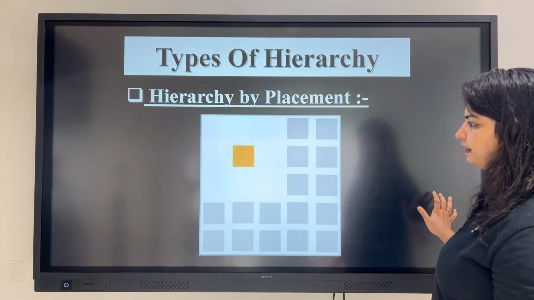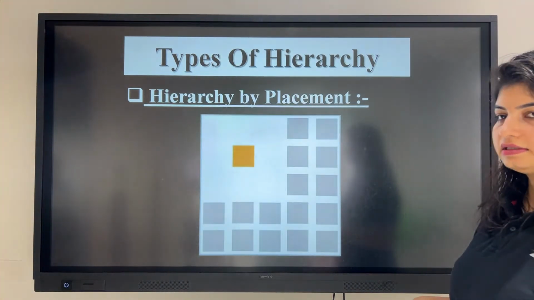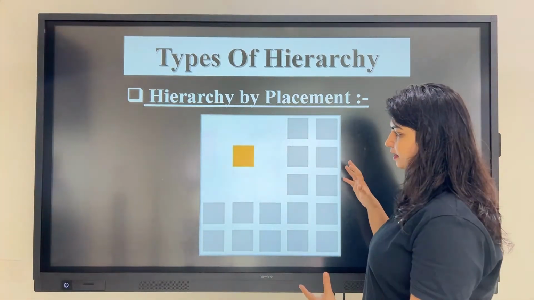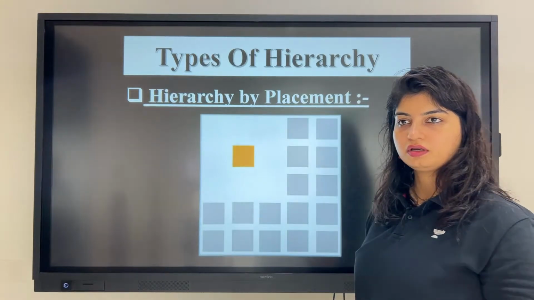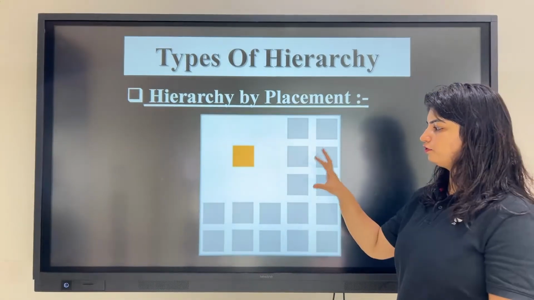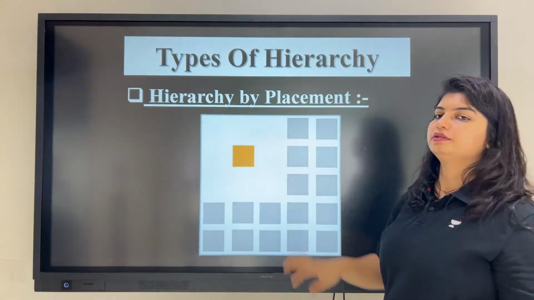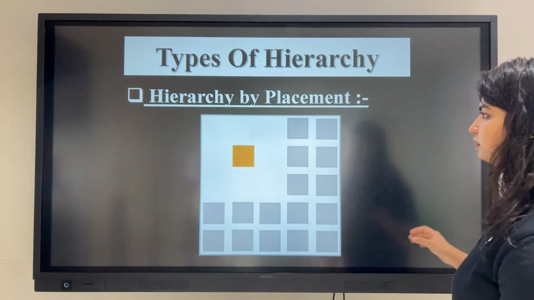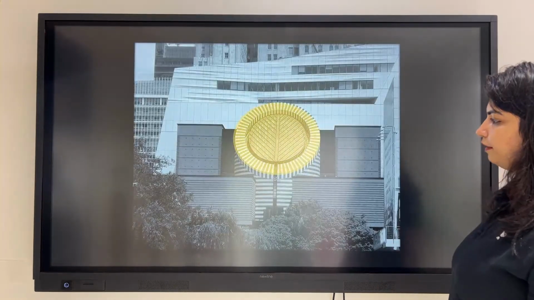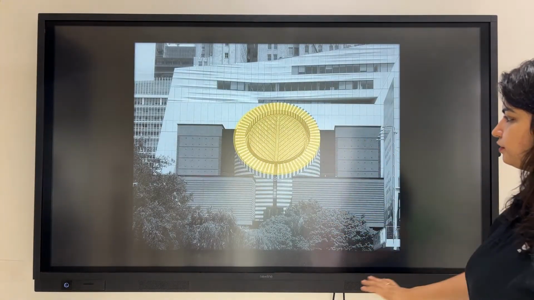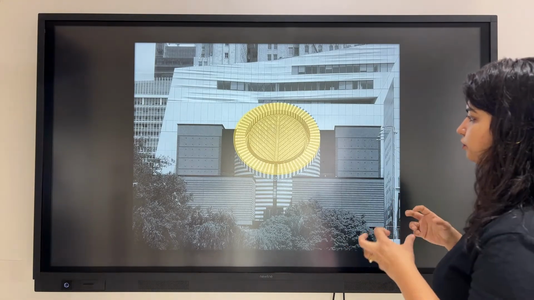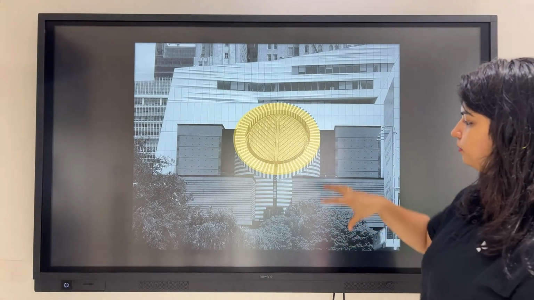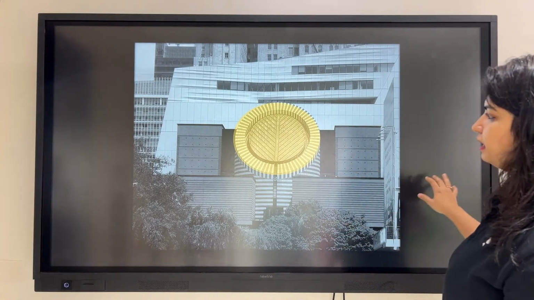If I talk about placement, in this there are certain grey squares and only a single yellow square over here. So your immediate focus for this particular picture goes over here, right? So it depends even on the placement. For this particular structure, the viewer's attention goes over here. So that's with the placement.